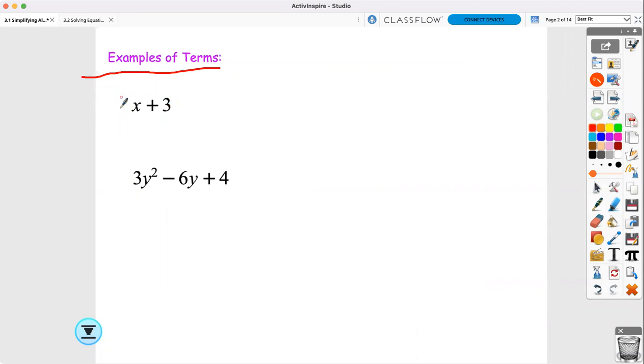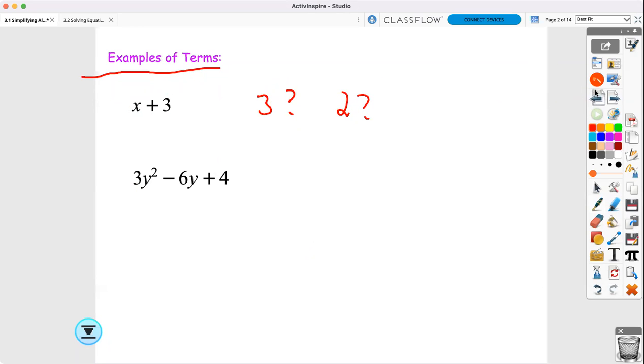For x plus 3, class, how many terms do y'all think there are in x plus 3? 3? So I heard 3 terms. Does anyone agree or disagree with 3 terms? 2. Jose, what was that? 2. So that causes a debate, guys.